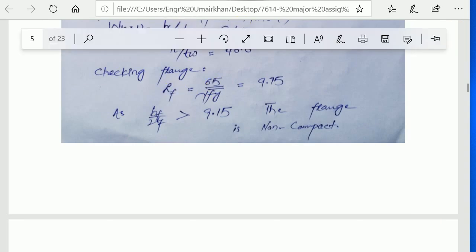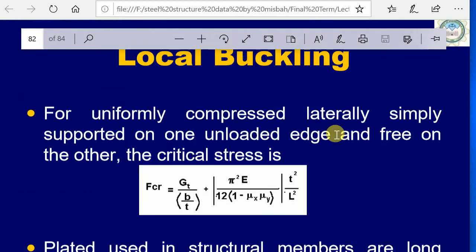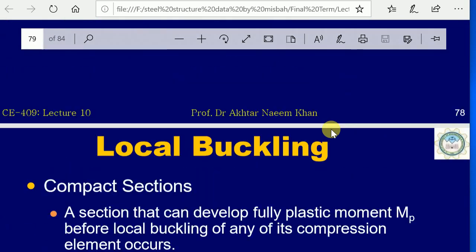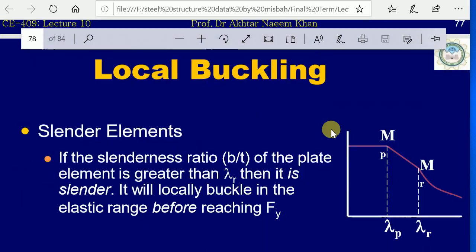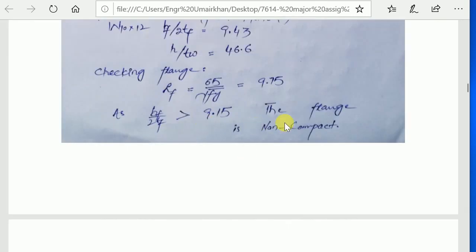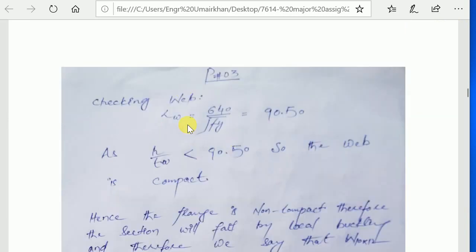For compactness of a section, it is necessary that both flange and web are compact. So here, although the flange is non-compact, we check the web as well. So for lambda w, this is basically lambda p, 640 divided by root Fy. One can use that equation as well.